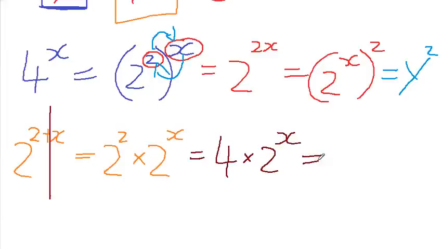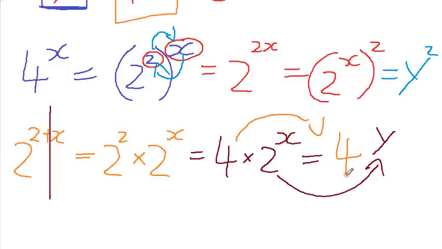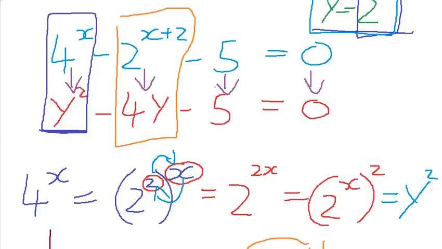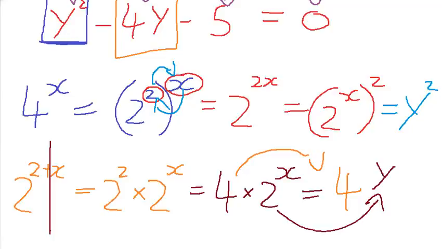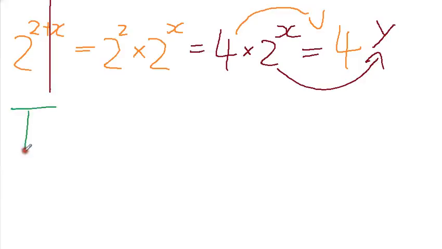And hey, there we go again. 2 to the power of x is going to be y. 4 stays the same. So 4y. That's what we were going for. We've gone from 2 to the power of x plus 2 down into 4y. We've done it.